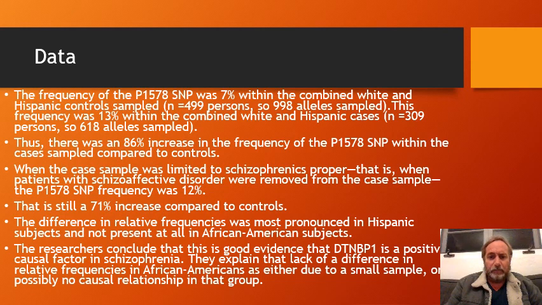They say maybe they didn't sample enough African Americans, or it might just be that for whatever reason that gene is not a cause of schizophrenia in African Americans. But the researchers do conclude, right, that there is evidence that DTNBP1 is a positive causal factor in schizophrenia.